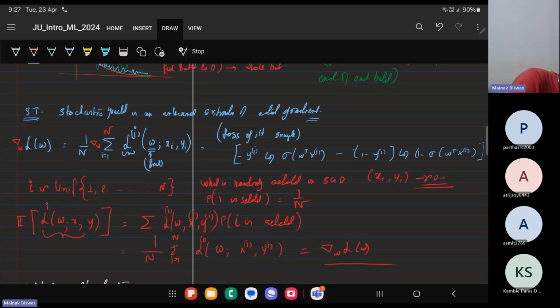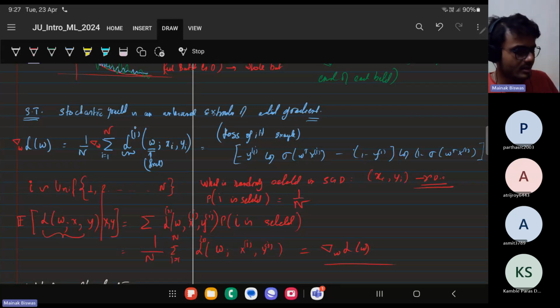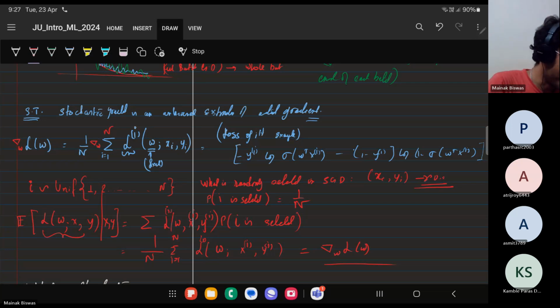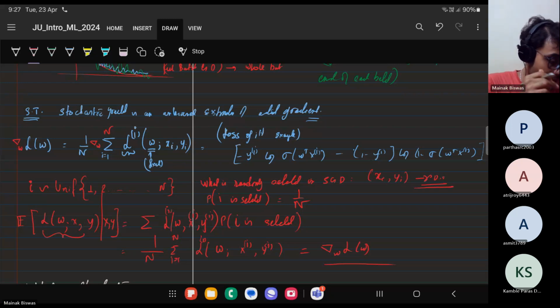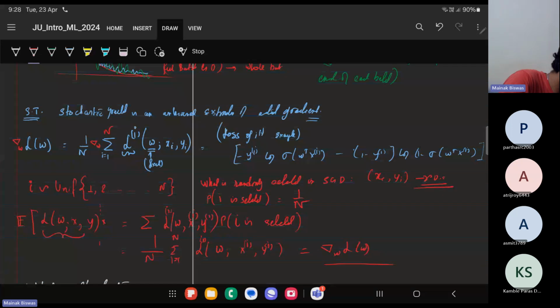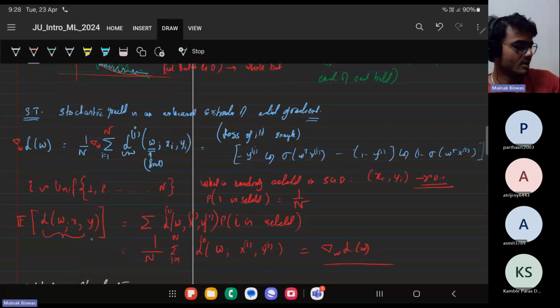So the expected value is the actual gradient. You may not even need to write the conditional on x, y, since the outer expectation is enough.